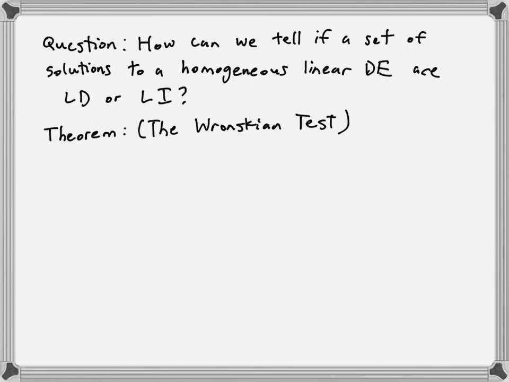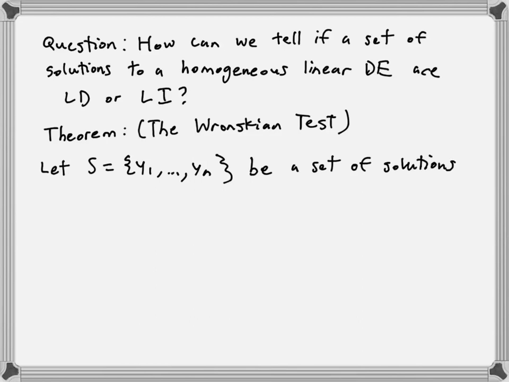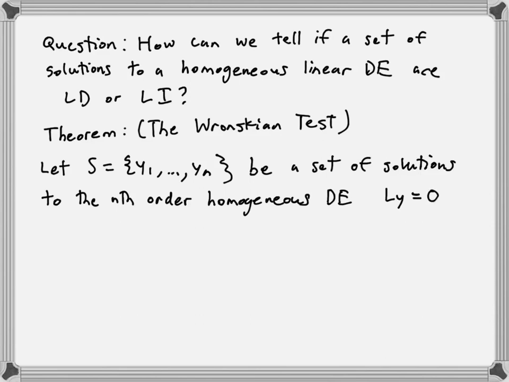It says, let S, which is these n functions, let this be a set of solutions to the nth order homogeneous differential equation Ly equals 0 on an interval I. And we're going to let W of all of these guys denote their Wronskian.